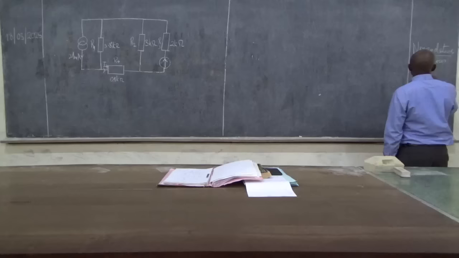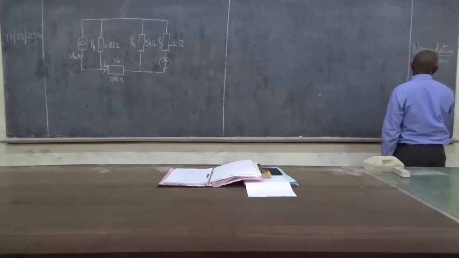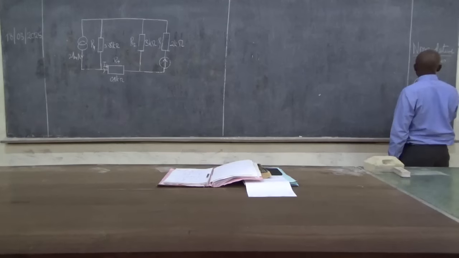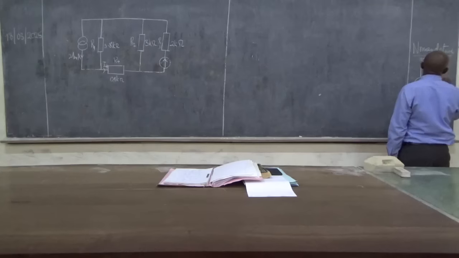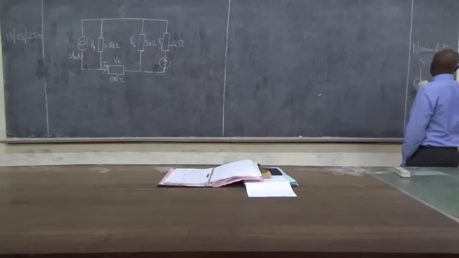So this is the current source. If the current source is in this direction, then we will write it properly. Current flows from positive to negative.